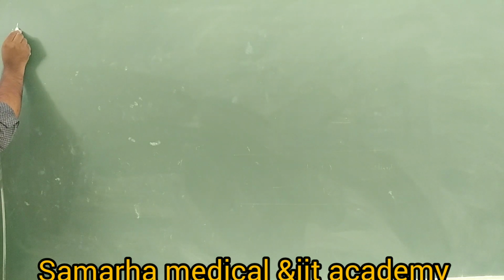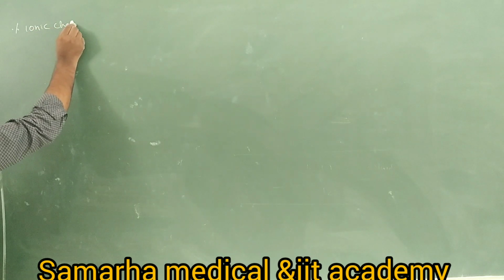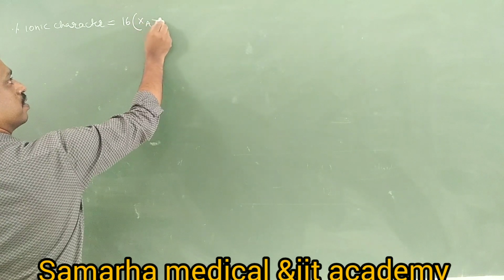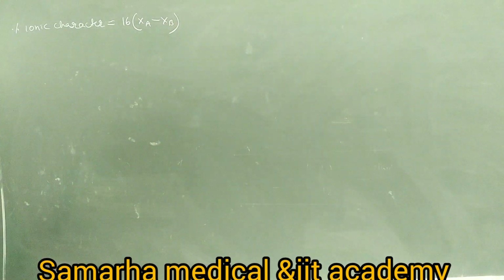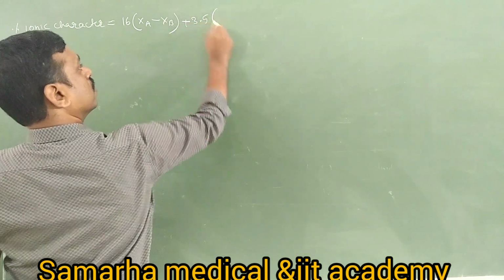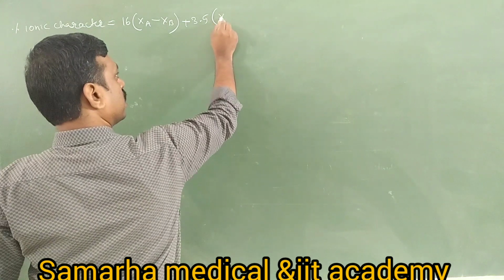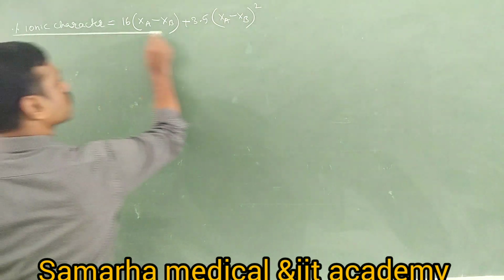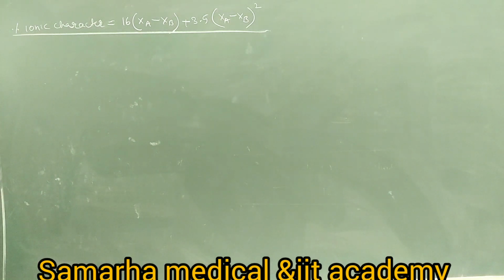That is, percentage of ionic character is equal to 16 into Xa minus Xb, where Xa is the electronegativity of element A and Xb is the electronegativity of element B, plus 3.5 into Xa minus Xb power 2. You can also calculate percentage of ionic character.